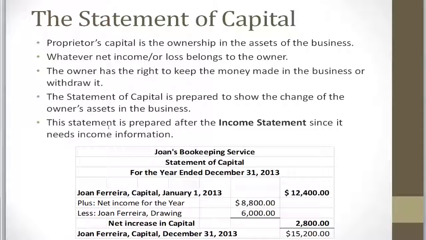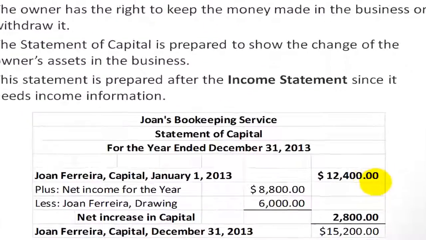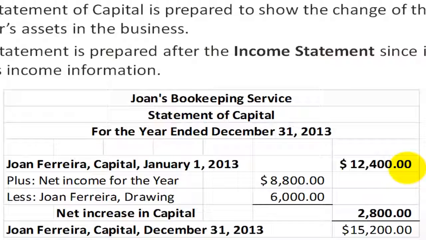The statement of capital is often prepared after the income statement because we need the income information, the net income or the net loss we had for the year. There was $12,400 in the beginning of the year, and we are adding $8,800 for the year as income.